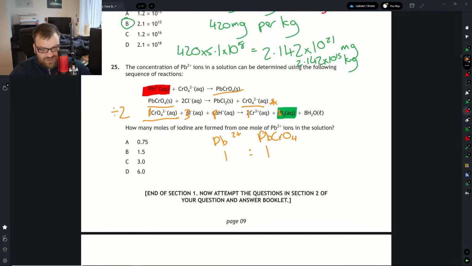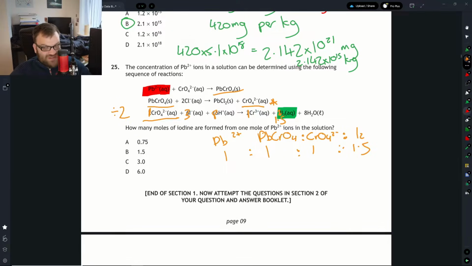And the most important one would be for the I2, because if we've halved everything down, between the PbCrO4 and the CrO4 2- the ratio is 1 to 1. Then we add in our I2, that's now going to be a 1.5 in there.